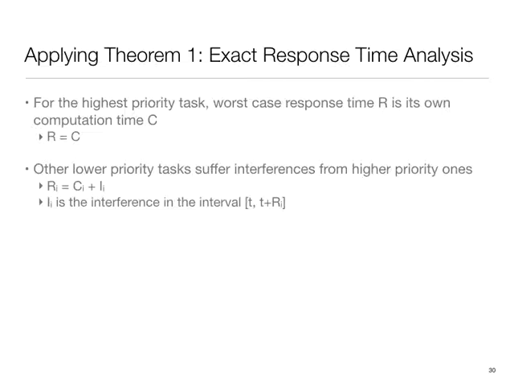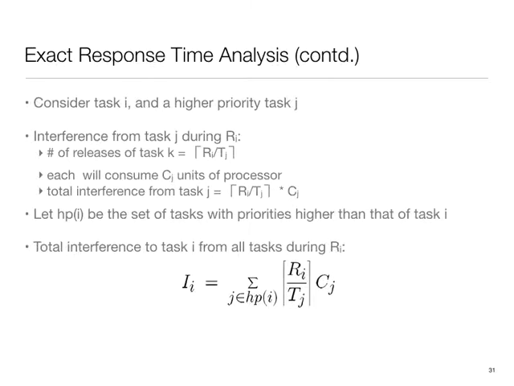So I cannot get the CPU in a single stretch. I have to worry that I will get preempted and something else is going to eat up the CPU. So our job really now boils down to figuring out how much interference there is.